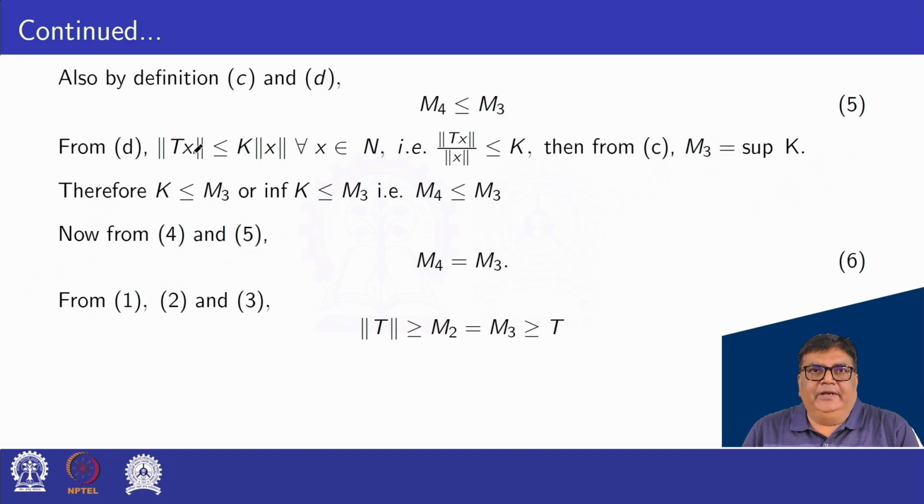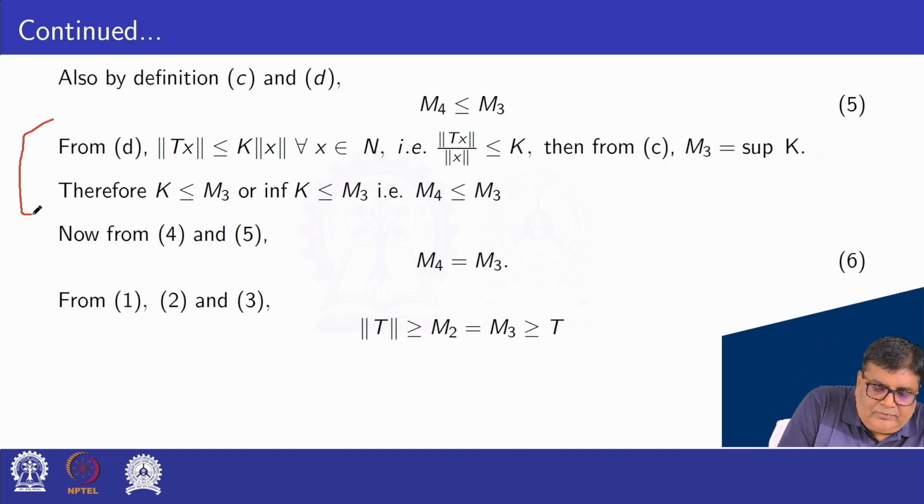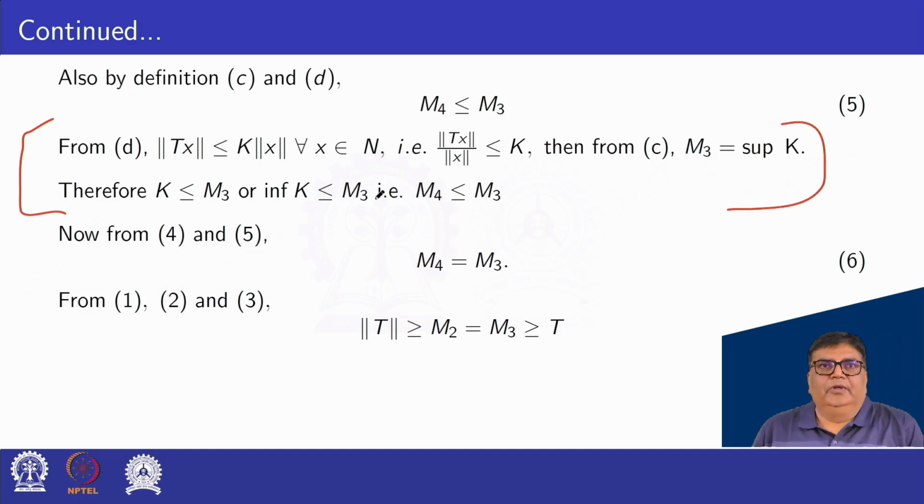From D, norm Tx is less than or equal to K norm x for all x belonging to N. That is, norm Tx upon norm x is less than or equal to K.